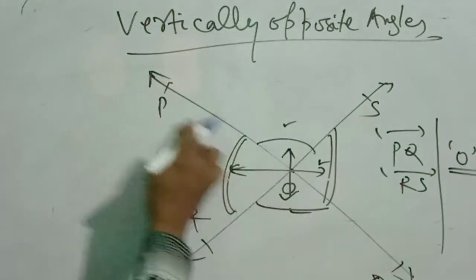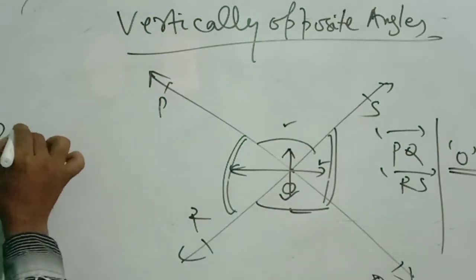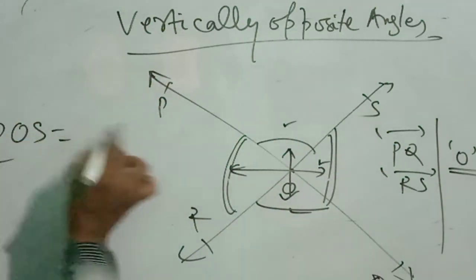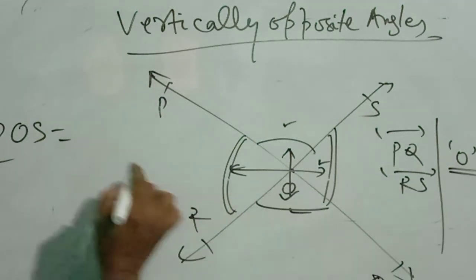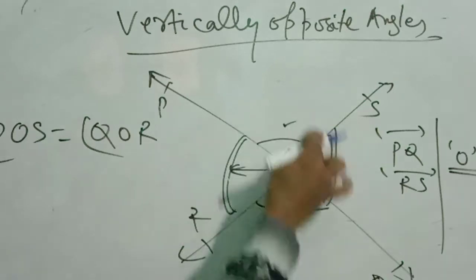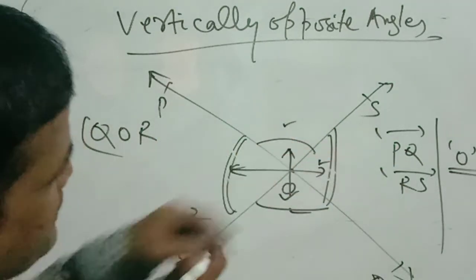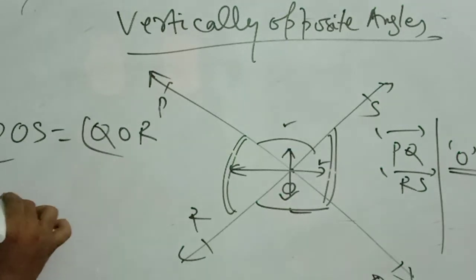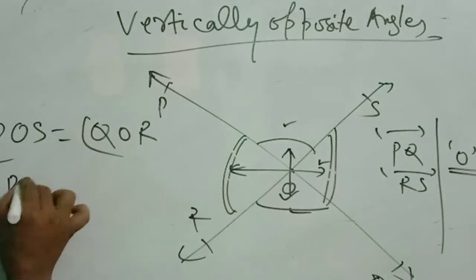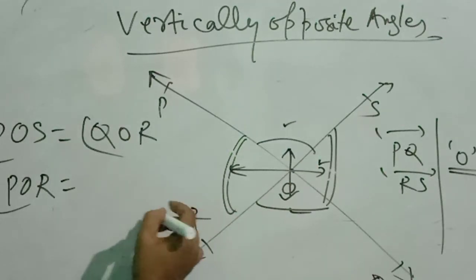So let us name them. The vertically opposite angle of POS is QOR. This angle is equal to this vertically opposite angle, and this angle is equal to this one. You can write POR is vertically opposite to QOS.